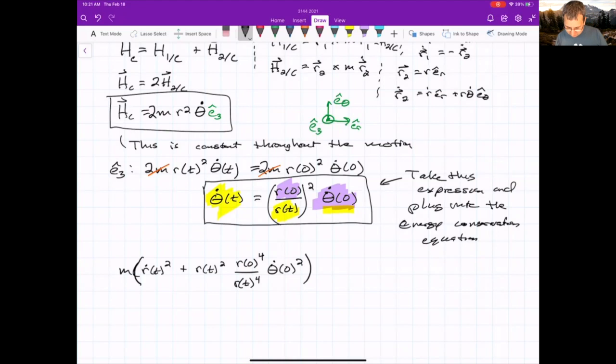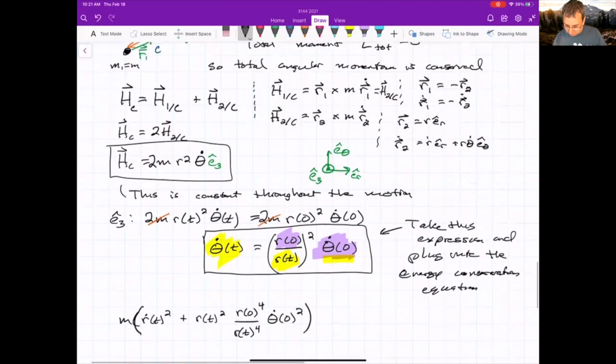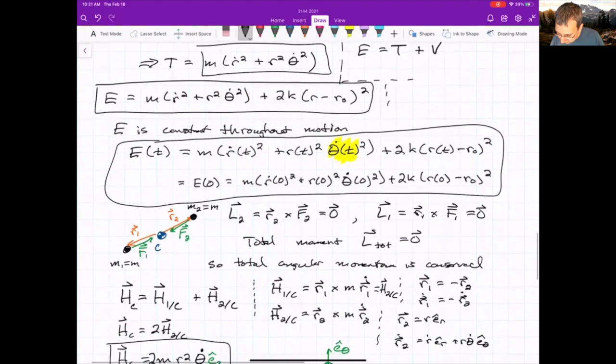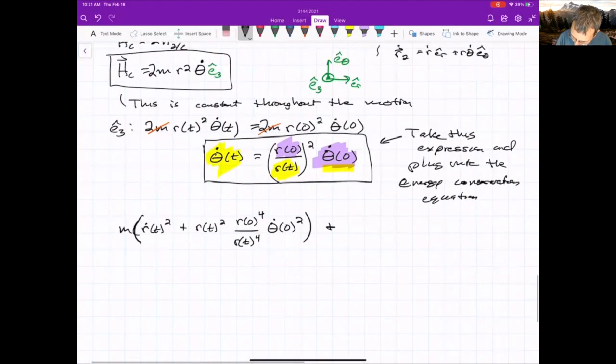That's there. And then what? Plus 2k r minus r naught, 2k r minus the kind of half equilibrium length squared equals, and it just equals whatever it was initially.